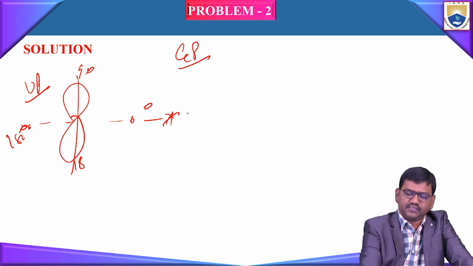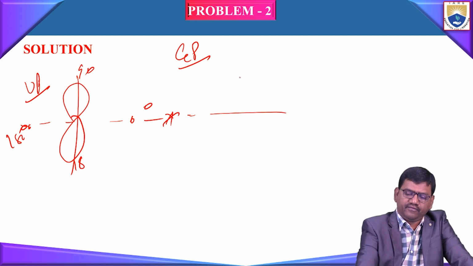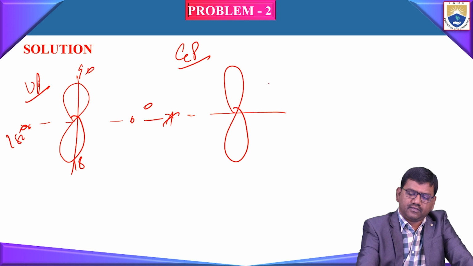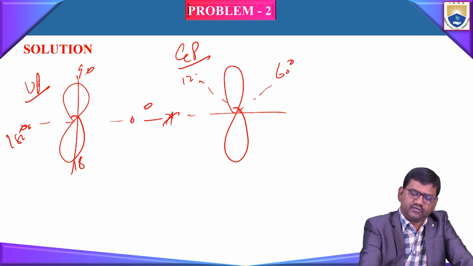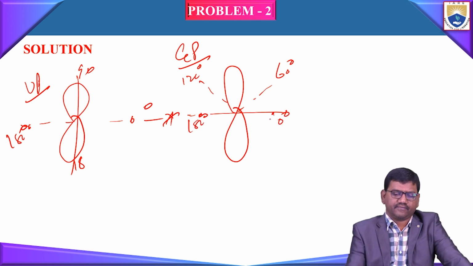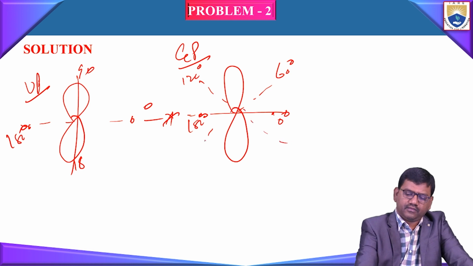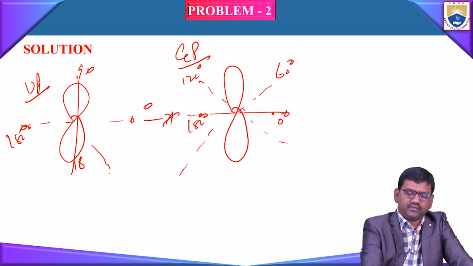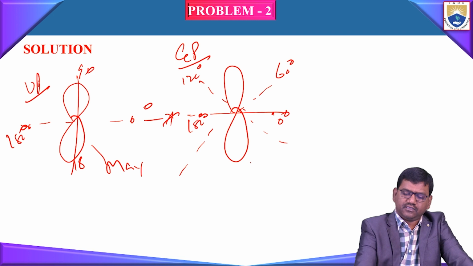For the group pattern, first you indicate the nulls here. These are nulls here, 60 degrees, this is 120 degrees, this is 180 degrees and this is 0 degrees. These are known as nulls here. So this is maxima and this is maxima.